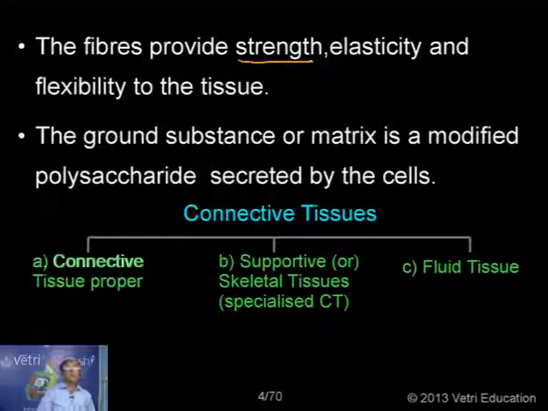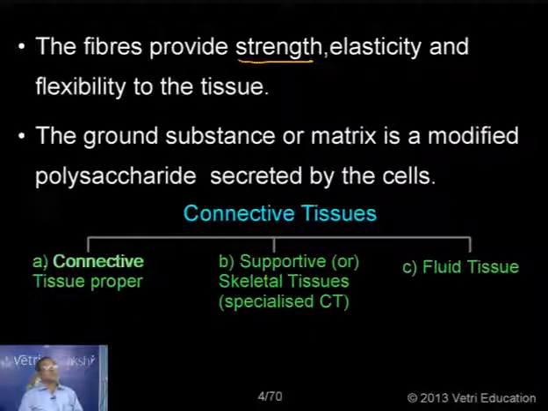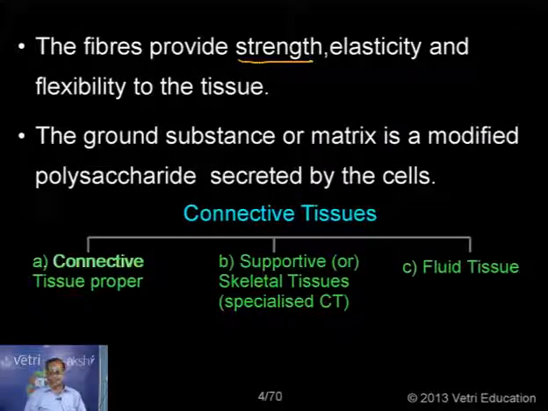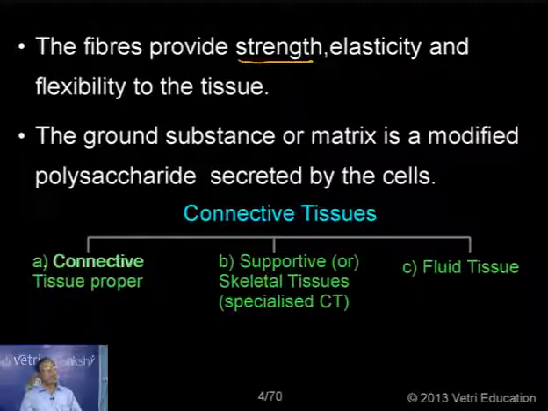Then the ground substance, what I mentioned, is nothing but the matrix. So what do you mean by ground substance? For example, on the floor we have sand on which we place other things, for example tiles. It is the basic material in which the cells are suspended. For example, if you take blood, the matrix is in the form of liquid plasma, in which the various types of blood cells are suspended. In the same manner, the ground substance is always called the matrix.